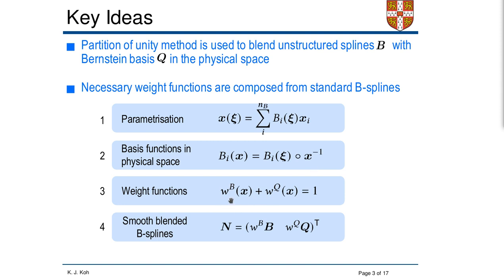The first we call WB, and the second we call WQ. These two weight functions are assembled from just standard B-splines. So after that, we blend using these weight functions. We blend the B-splines basis with the Bernstein basis in the physical space. And the result is what we call the smooth blended B-splines, or in short form, SB-splines.